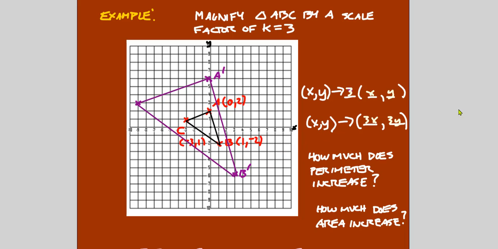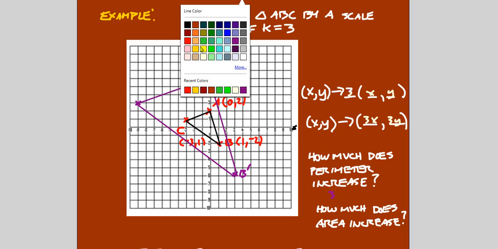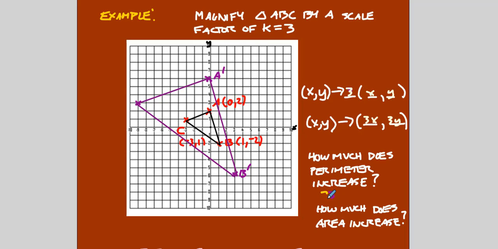Okay, so there's our dilation there. Now the perimeter is linear because it's just line segments, so the perimeter is going to go up 3 times.